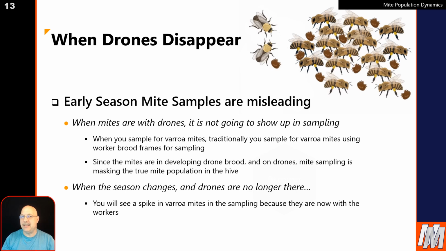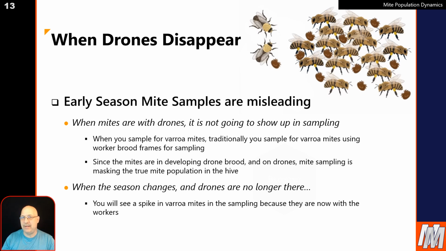The corresponding presentation to this one is varroa mite monitoring, and this is an important aspect to consider. In those early days when the varroa mites are on the drones and you're doing mite monitoring in the brood area, sampling worker bees, you might be misled in the population of varroa mites. You're not sampling varroa mites in the cells and you're not sampling drones.